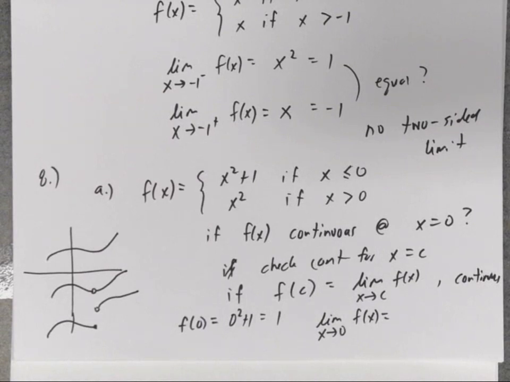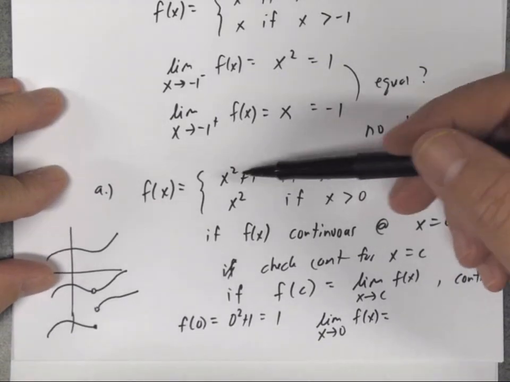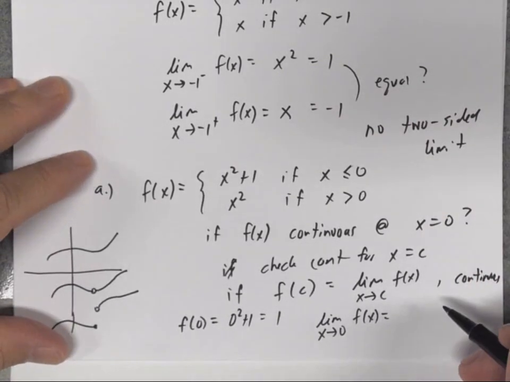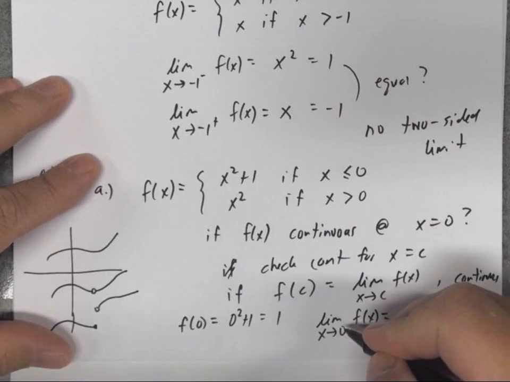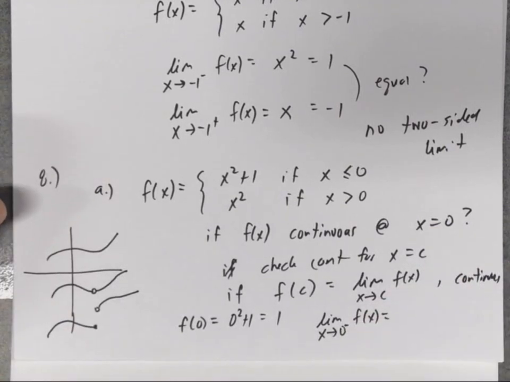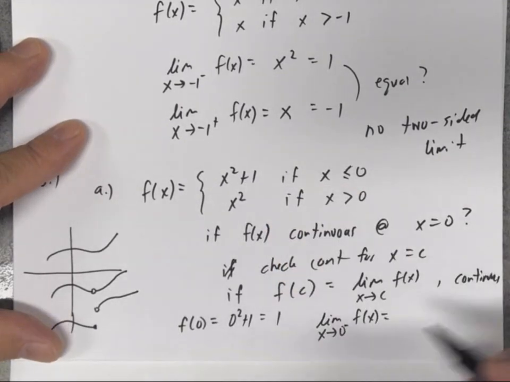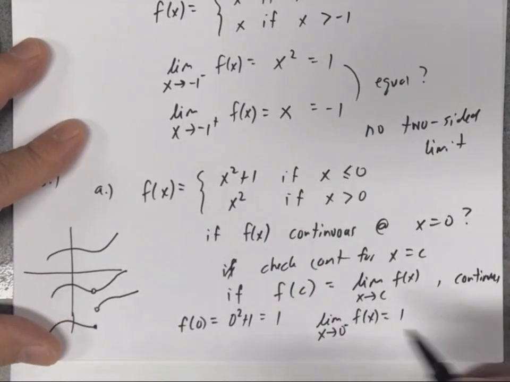as x approaches 0 of f of x. Now remember, to find a limit, you have to approach it from the low side and the high side, and they have to be the same. So if I approach it from the low side, it's going to be x squared plus 1. It's going to be 1.